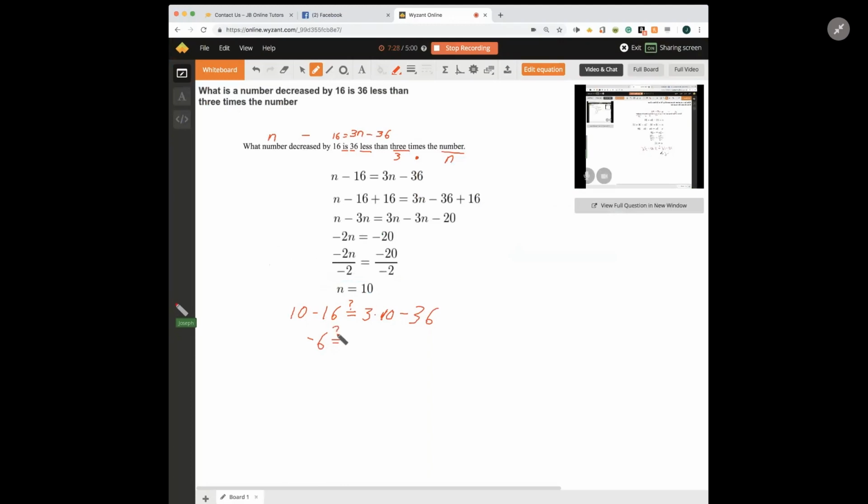Is that truly equal to, well, this is 30 minus 36? Well, negative 6 is indeed equal to, if it's 30 in the positive direction, 36 in the negative direction, that's also negative 6. So that's a true statement. So we've found our solution, and we've checked our answer. So there's the answer to your question.